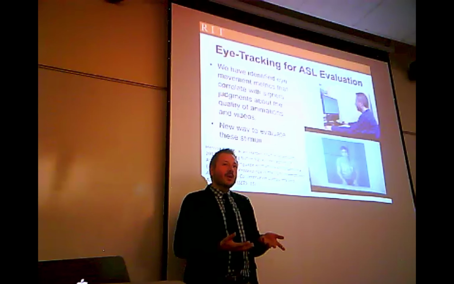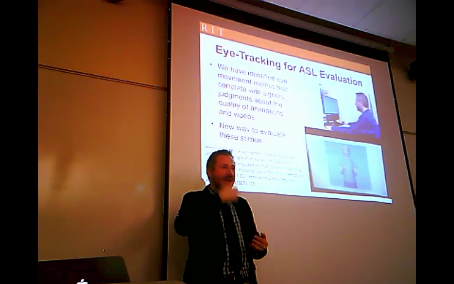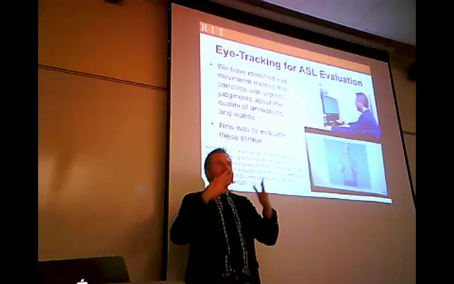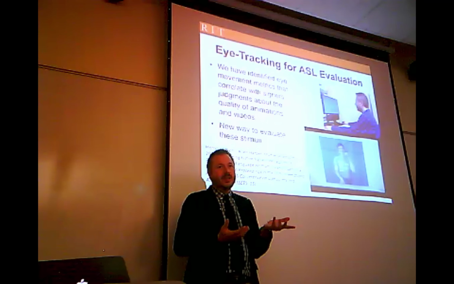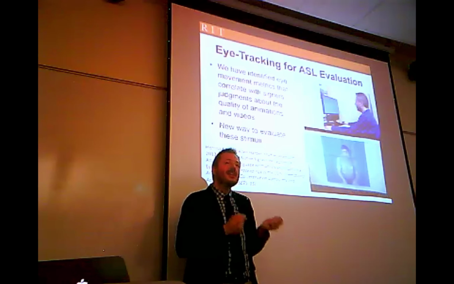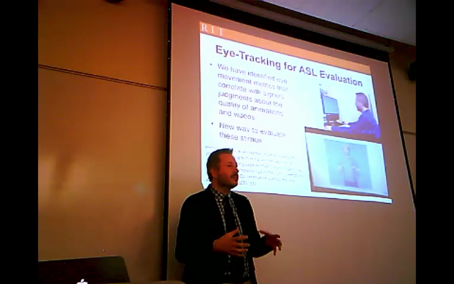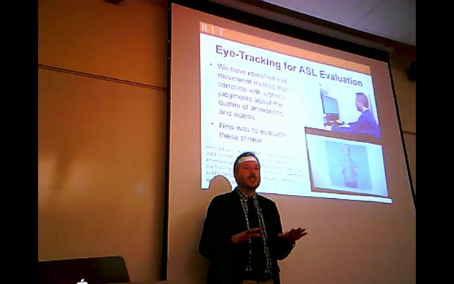If you start showing somebody lower quality, they start to look up and down between the mouth and the hands. They try to look at other things because they're struggling to understand the video. Well, this is interesting as a diagnostic tool. This means you can show somebody an animation stimulus and measure what their eyes are doing. Don't even have to ask them any questions.